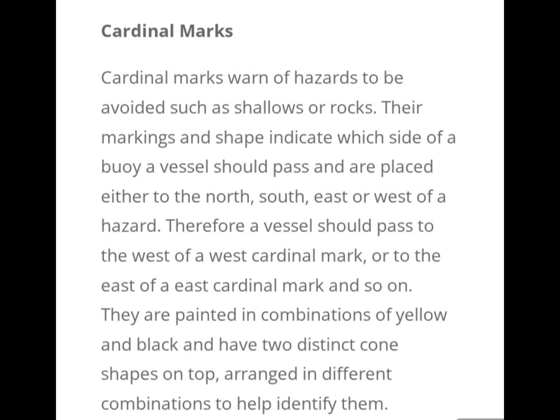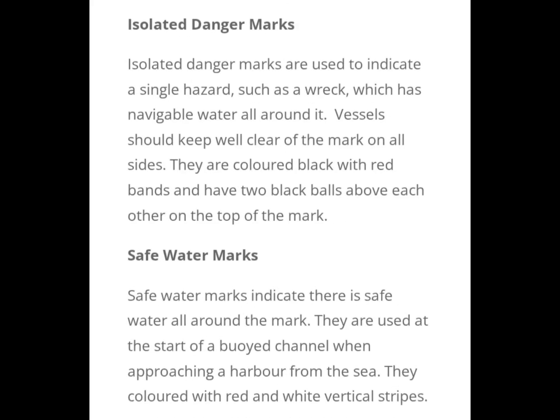Their markers and shape indicate which side of the buoy a vessel should pass and are placed either to the north, south, east, or west of the hazard. Therefore, a vessel should pass to the west of a west cardinal mark or to the east of an east cardinal mark and so on. They are painted in combination of yellow and black and have two distinct cone shapes on top, arranged in different combinations to help identify them.